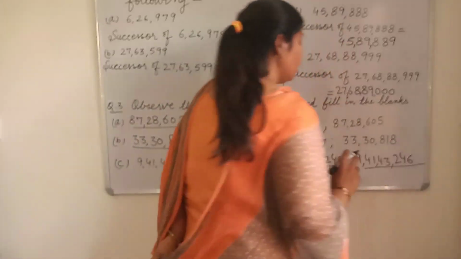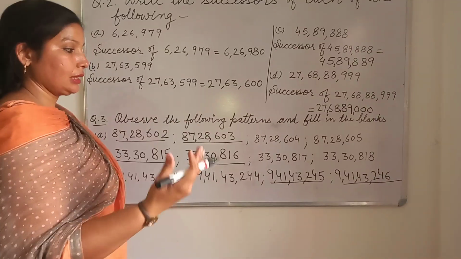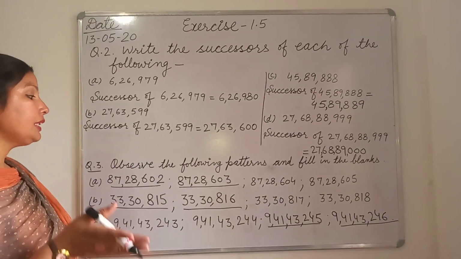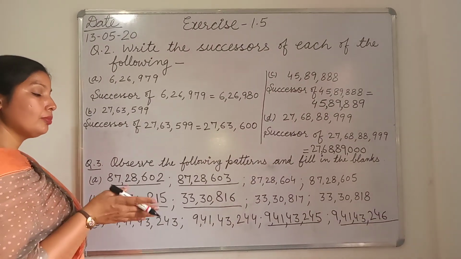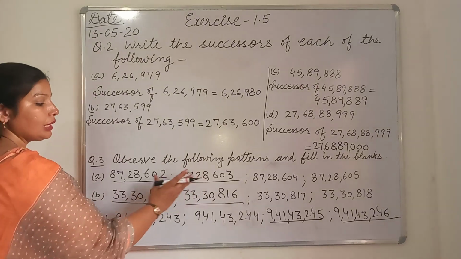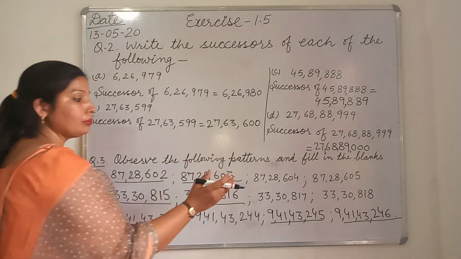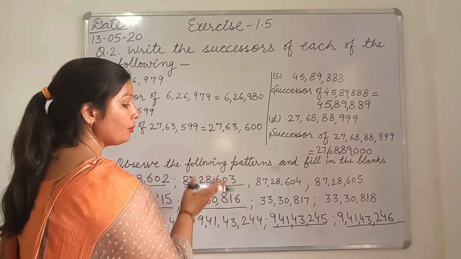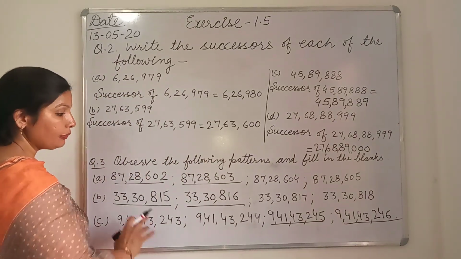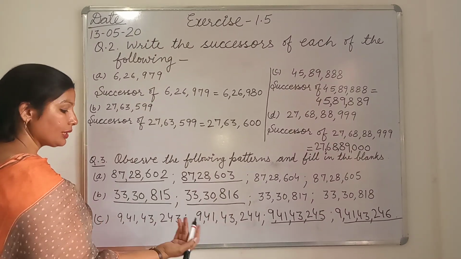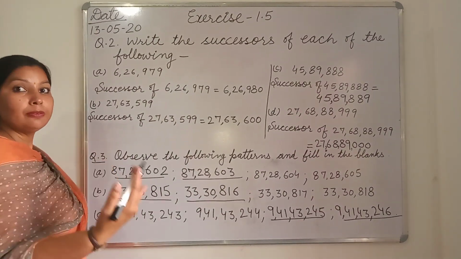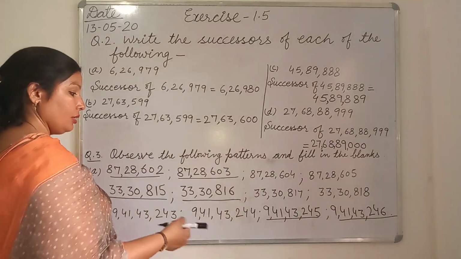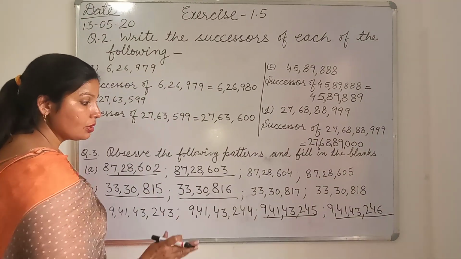Okay. So like this, when we find the successor, we will do plus 1. And when we find the predecessor, then we will do minus 1. So when we have a blank first and then we have a number, that means we are finding the predecessor here, so for that we will do minus. And if we have a blank later and firstly we have a number, that means we will do plus, because we are finding the successor here. So like this you have to solve.